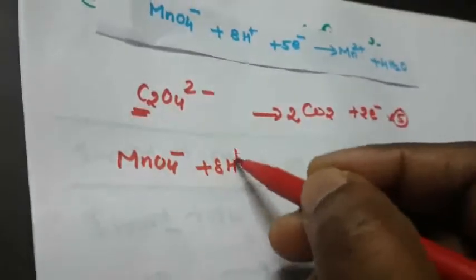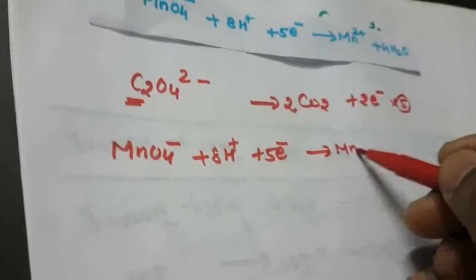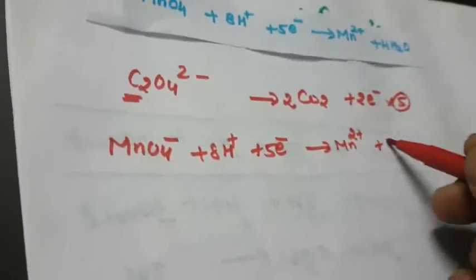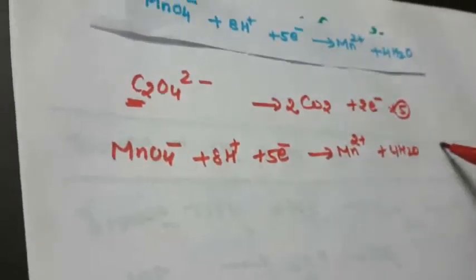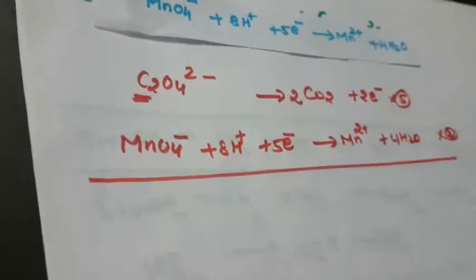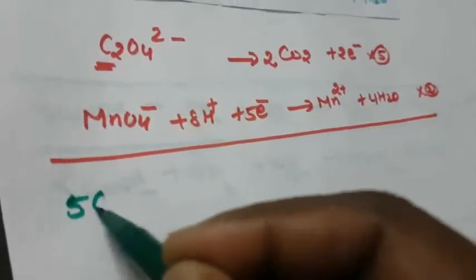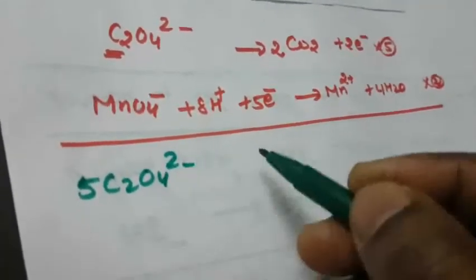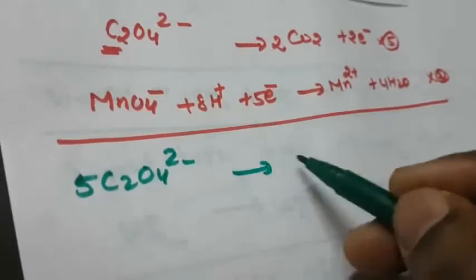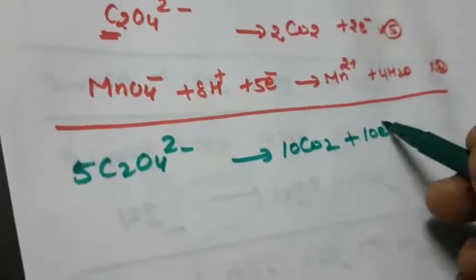MnO4- + 8H+ + 5 electrons gives Mn2+ + 4H2O, multiplied by 2. Then 5 C2O4 2- gives 10 CO2 + 10 electrons.